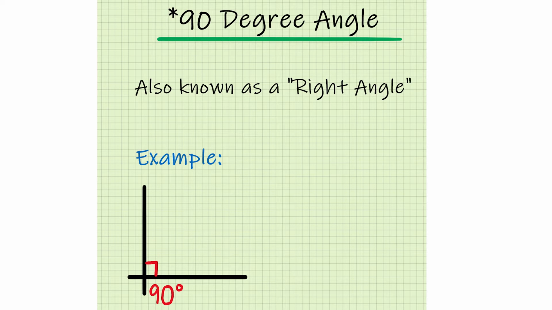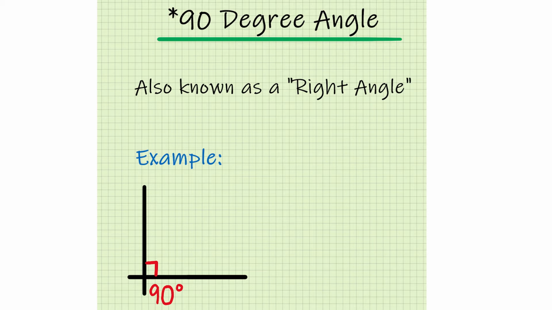And these squares are extremely important, because if you see two lines but there's no little square, you can't safely guarantee that that's going to be a right angle. That could be literally like 89.7 degrees, and that would not be 90. It has to be exactly 90, and then you'll see the little square there.